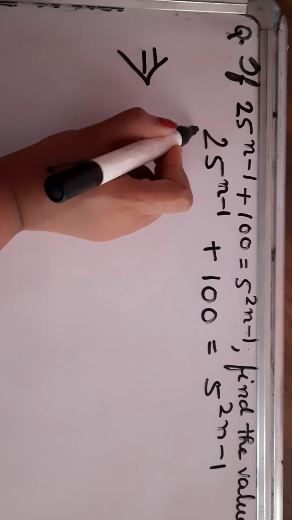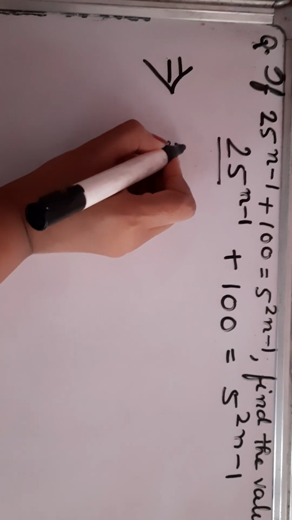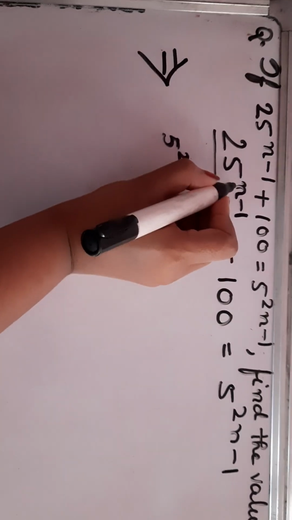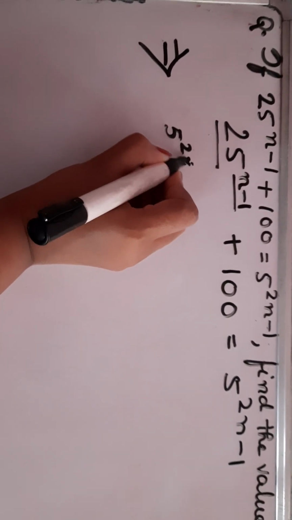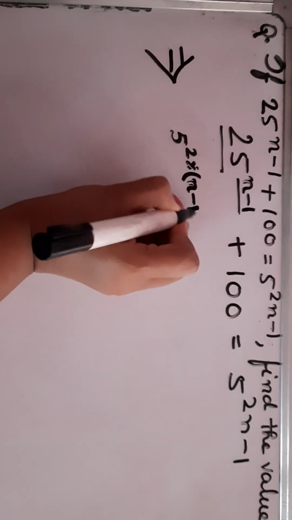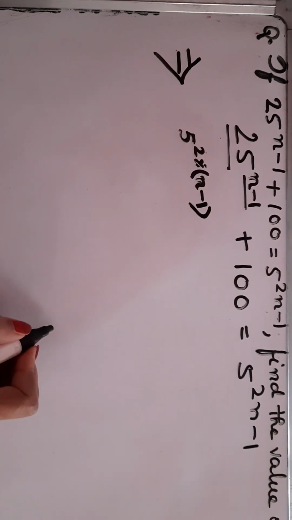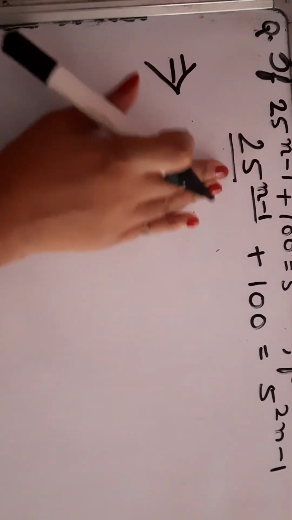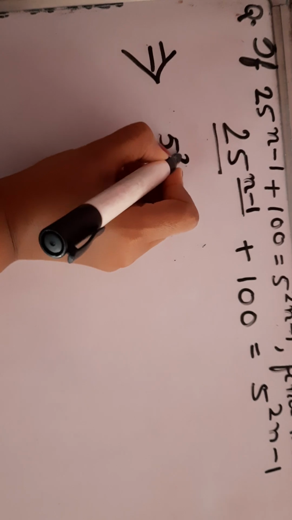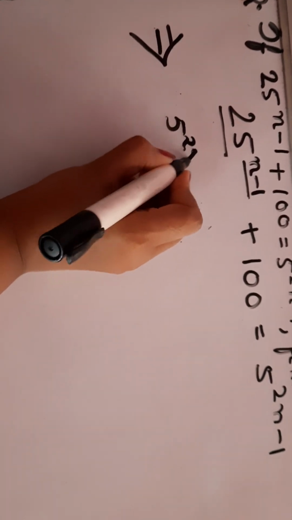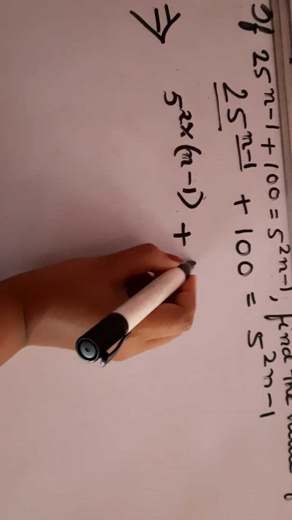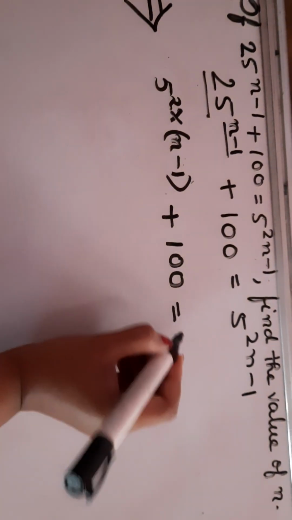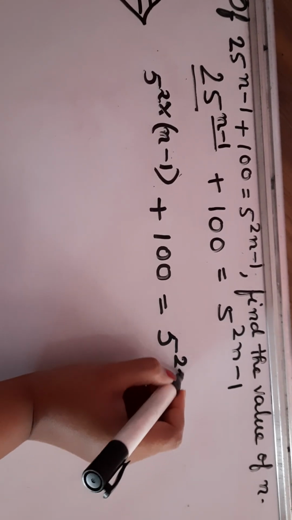Then this 25, we can break as 5 square. And this n minus 1 was already there as the power of 25, so it will just get multiplied with 2. So it will become somewhat like this: (5 square, that means 25) to the power n minus 1, plus 100, we will write as it is, equal to 5 to the power 2n minus 1.